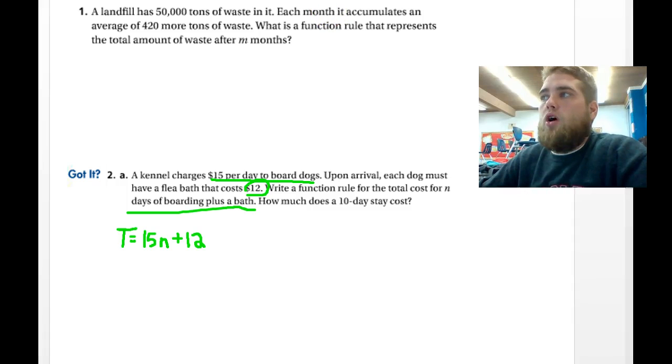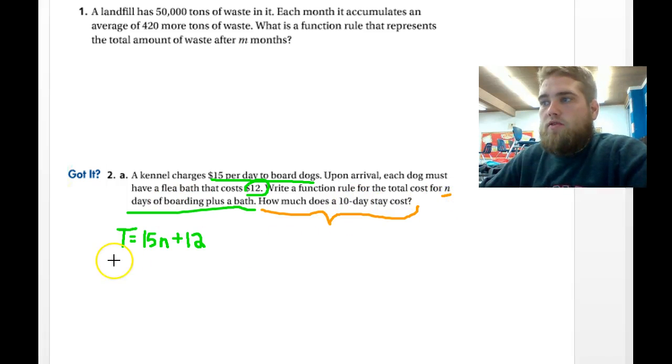Then the problem goes on to ask us, how much does a 10-day stay cost? So it says n is the number of days, so total equals 15 times 10 plus 12. When you plug that in, it's 150 plus 12.